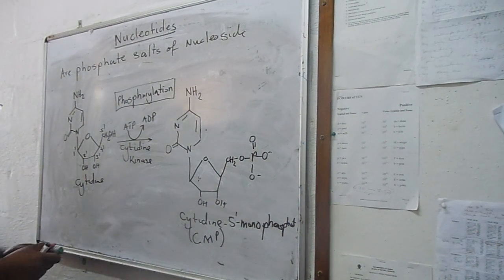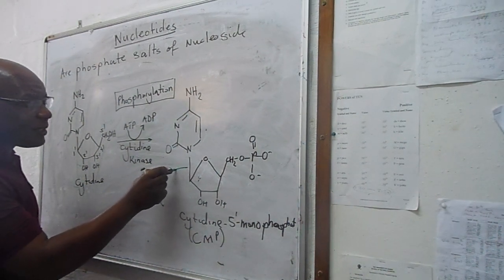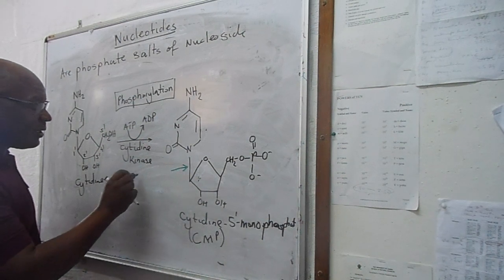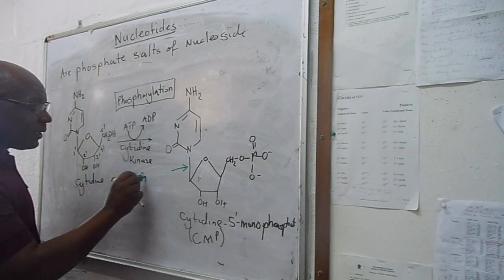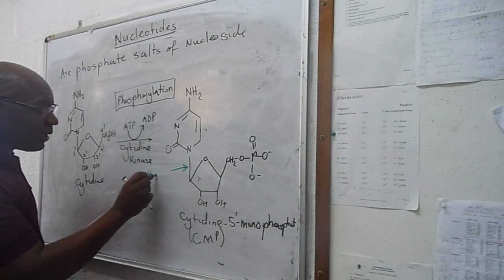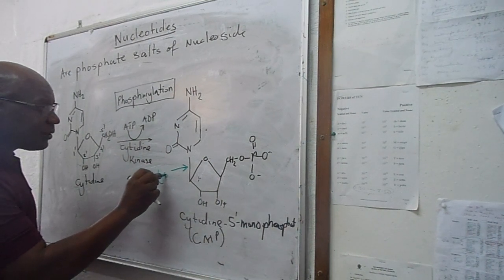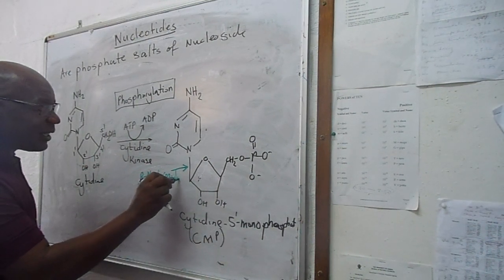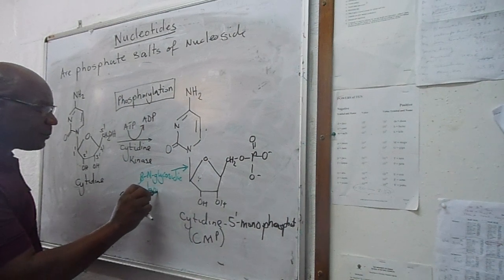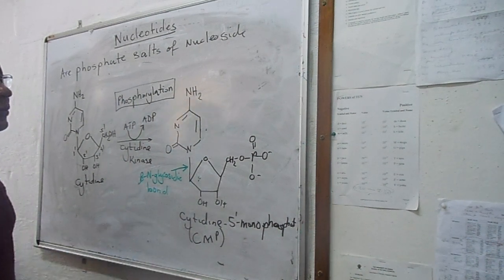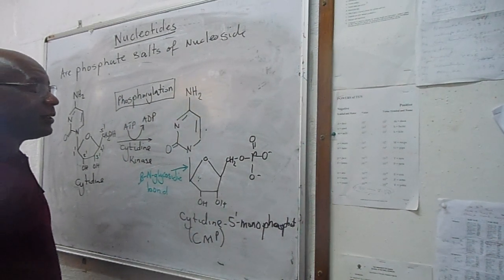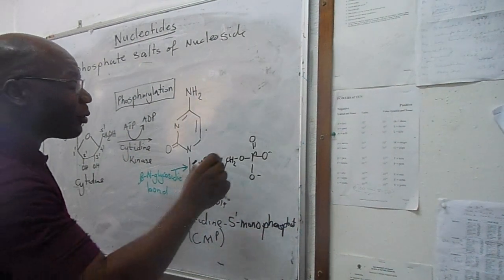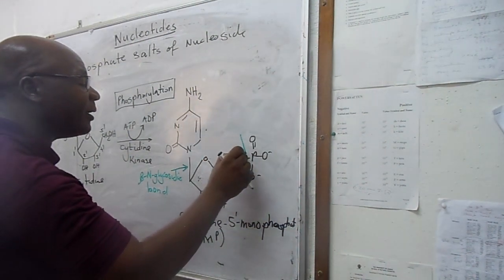So in a nucleotide, what bonds do we see? We see this bond. This is a beta N glycosidic bond. Then we also see this bond here.